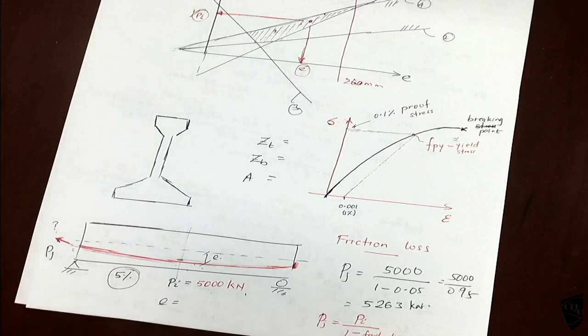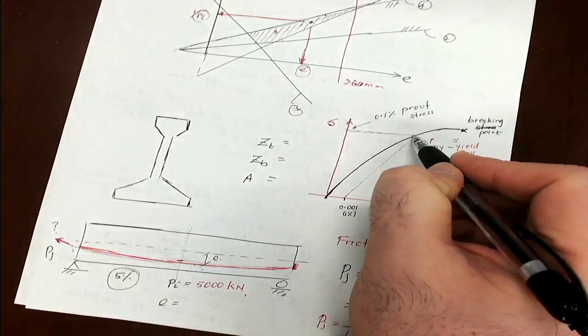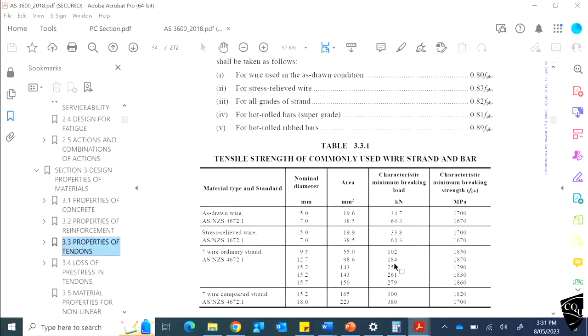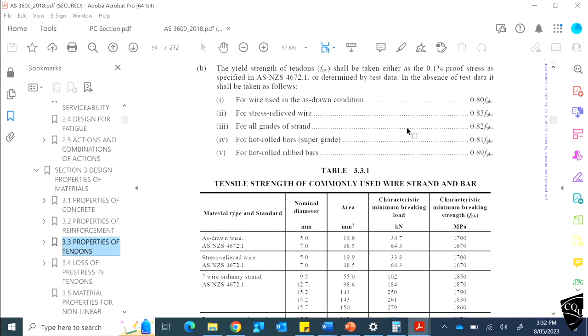Okay, so this is the breaking point, this is the yielding point. In the standard they give the breaking point in kilonewtons, and they also give the proof stress detail here. For the strands they say 0.82 of the breaking load.